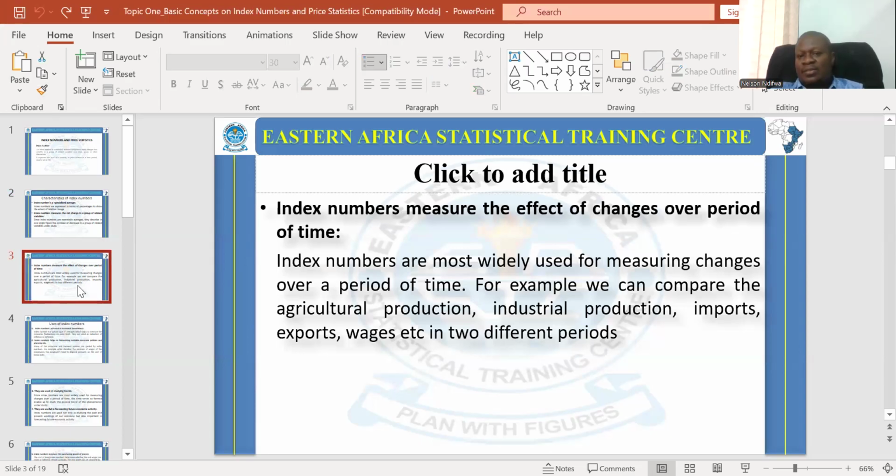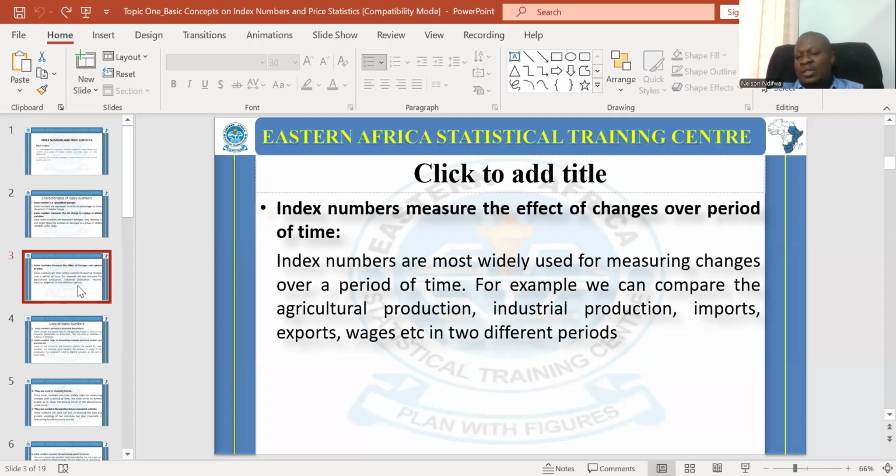The third characteristic is that the index number measures the effect of changes over a period of time. Normally, when you compute an index number, you need two periods of time: your reference time and the current time. What you obtain is just changes over a period of time from the base to the reference.